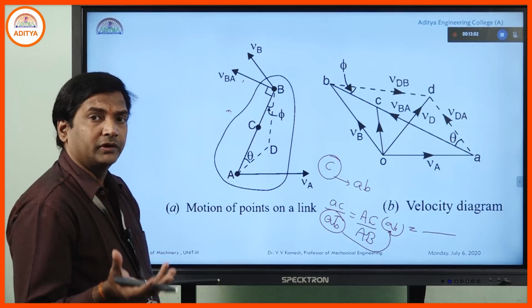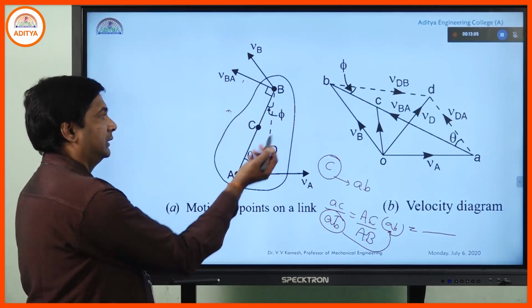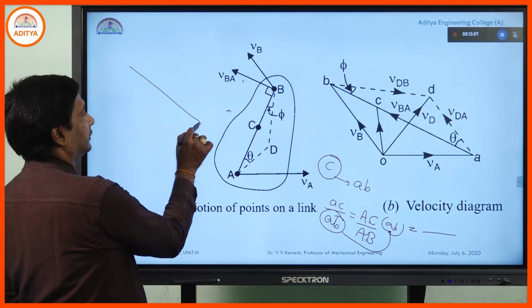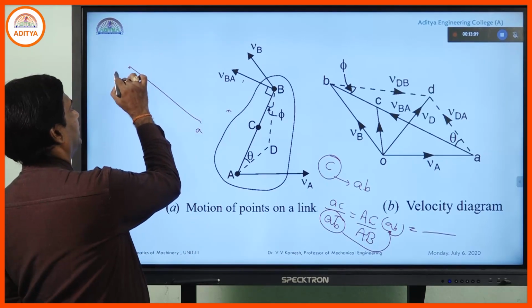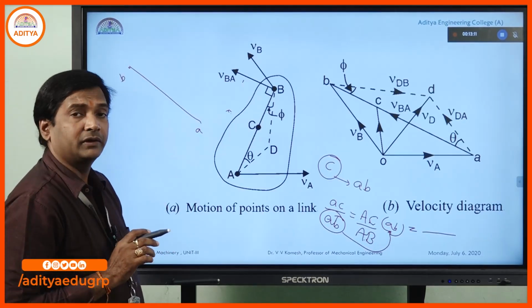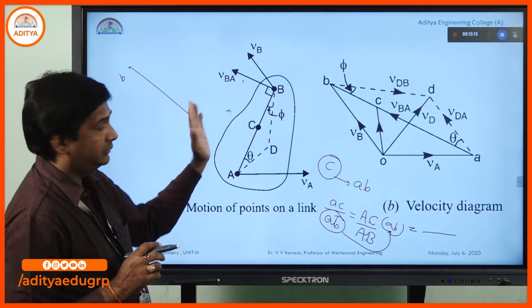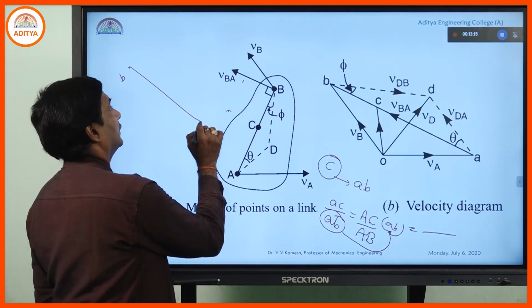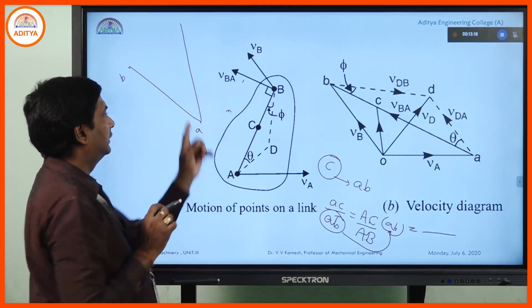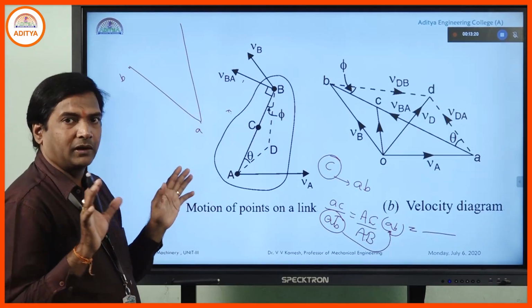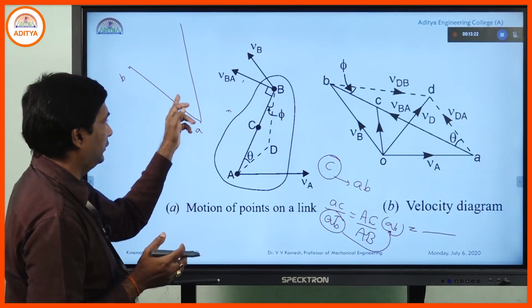Otherwise, we need to use a graphical method, the same thing like this. This is A, B. From this we draw the actual AB onto the same diagram at any angle. This angle need not be some theta or delta; any angle we can take.